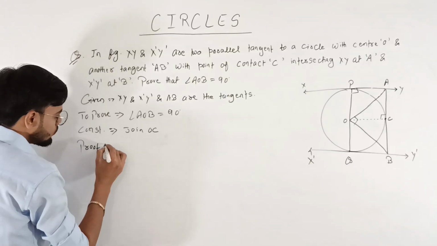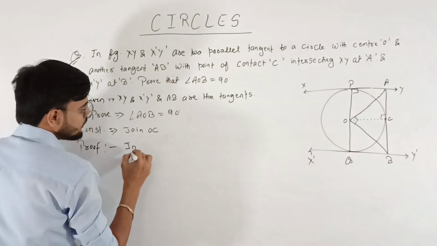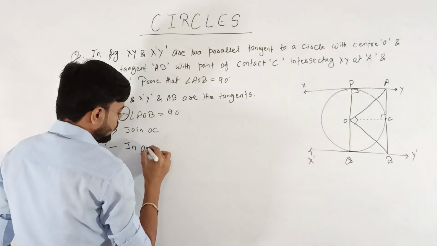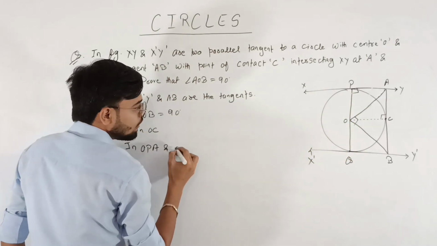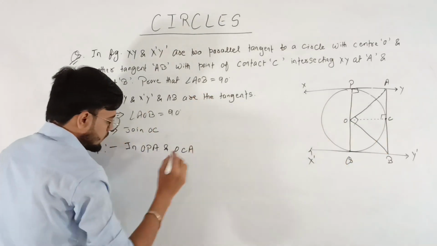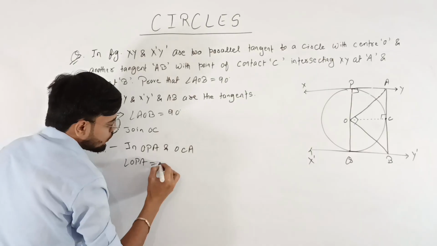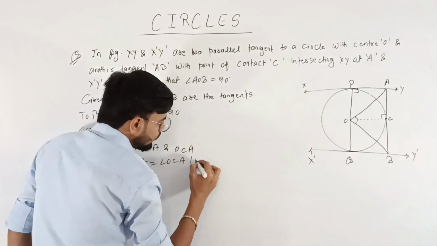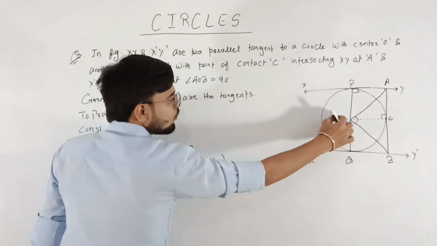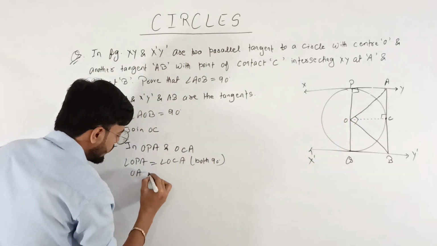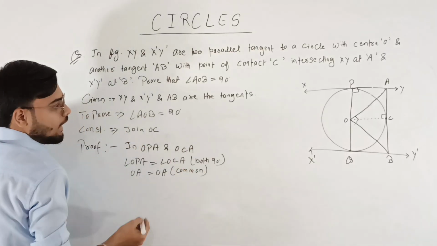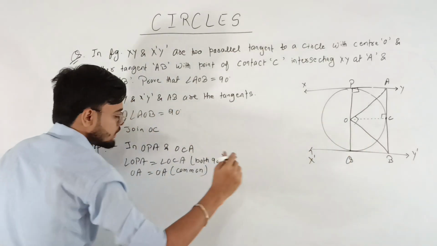Okay, so let's do it here. Now proof. First we consider triangle OPA and triangle OCA. Now angle OPA and angle OCA are 90 degrees. So angle OPA is equal to angle OCA, both 90. Second thing is OA is equal to OA, which is common. And third is OP is equal to OC, which is the radius.